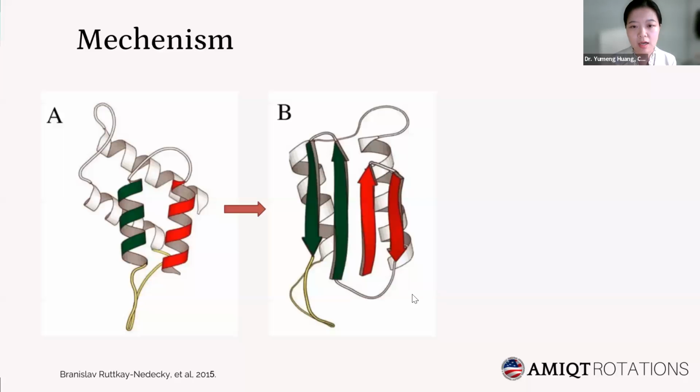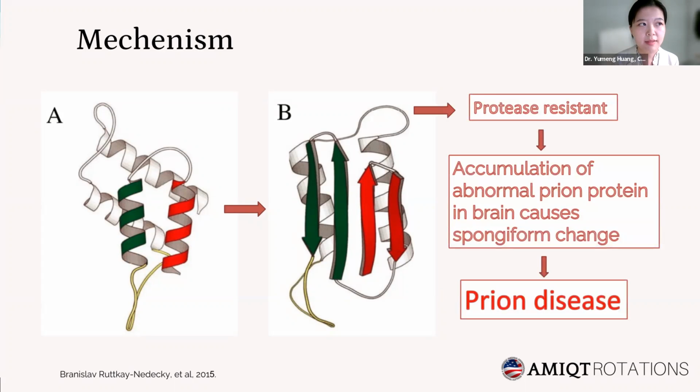But if it is transformed into the pathogenic form, as you can see in picture B, PrPSc, it has 43% beta sheets, and this can propagate to the other normal PrPC proteins around it. This pathogenic PrPSc is protease resistant, so it can accumulate in the brain, causing spongiform change of the normal brain. Then it will induce prion disease.